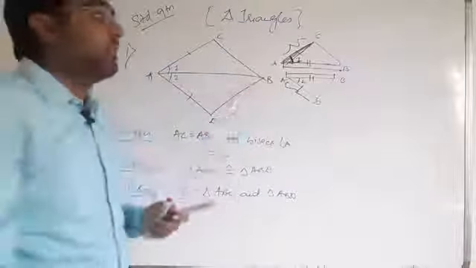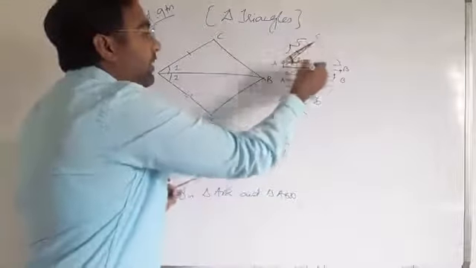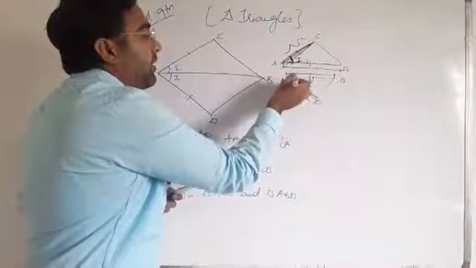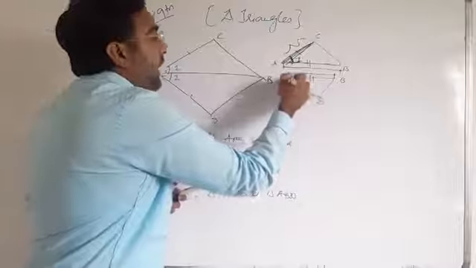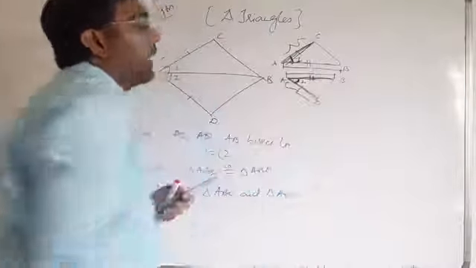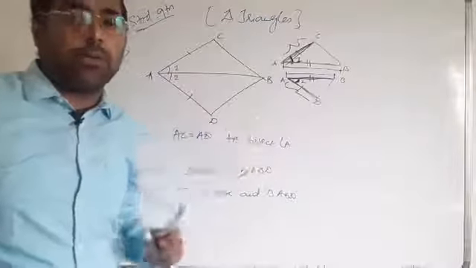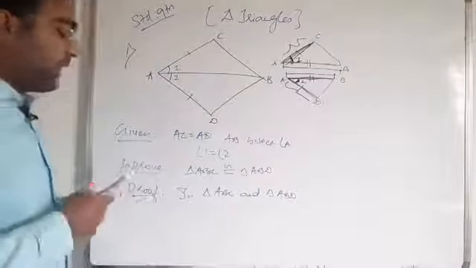Side angle side are contained in order. So that's why we take the side angle side congruency in these two triangles.